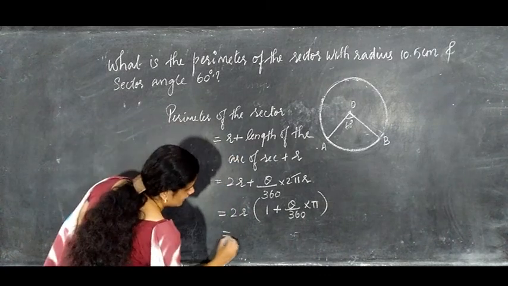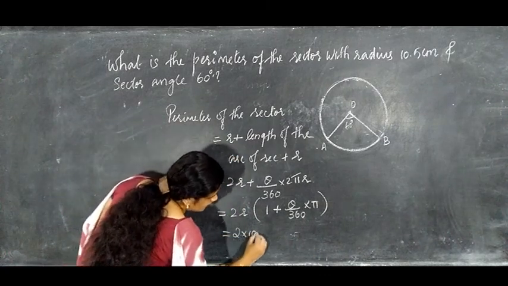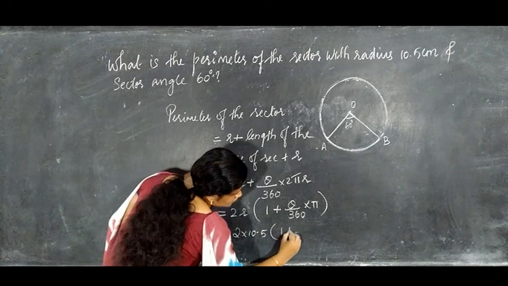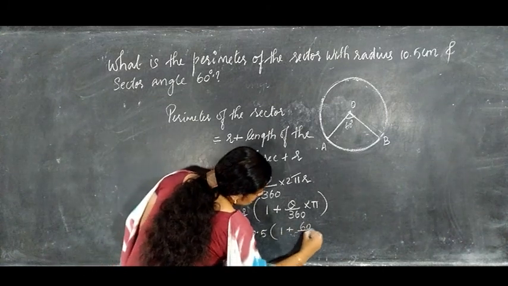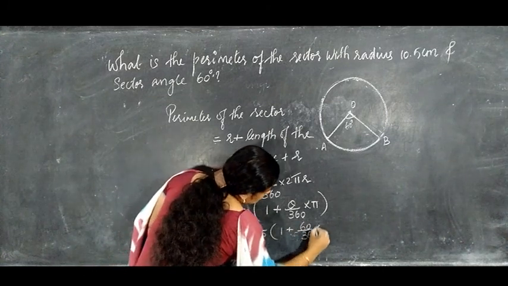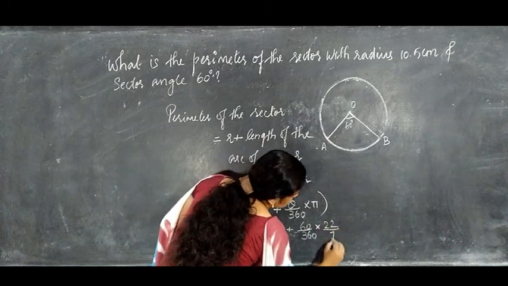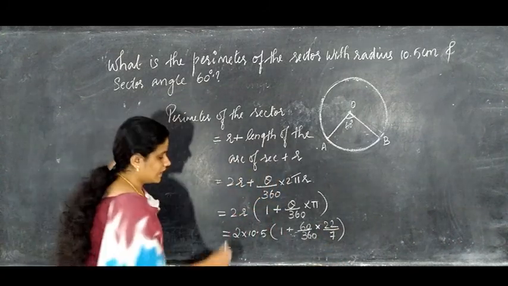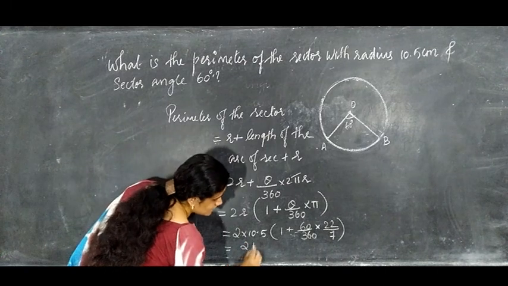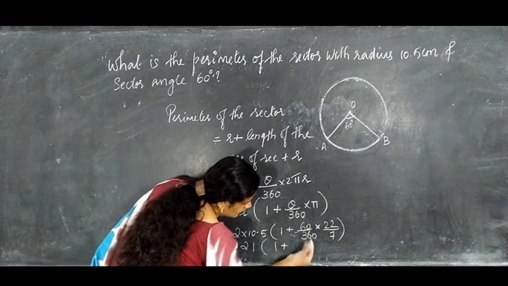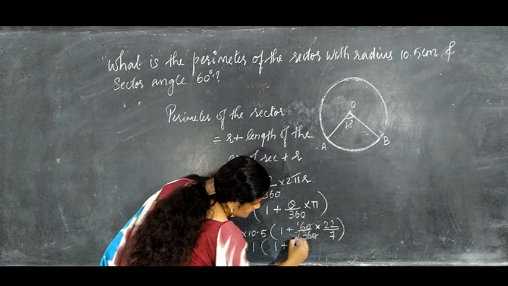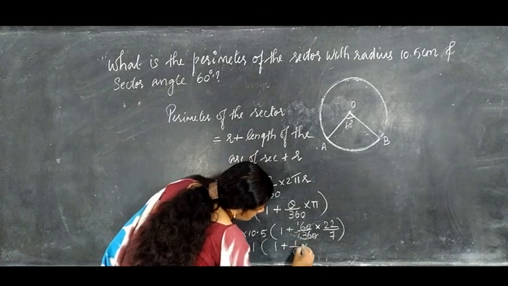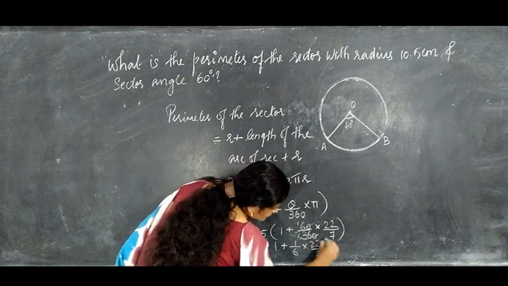Now from here 2 into 10.5 into 1 plus 60 by 360 into 22 by 7. Now 2 into 10.5 is 21, into 1 plus, we can simplify it as 1 by 6, into 22 by 7.